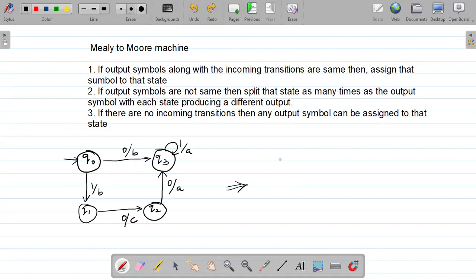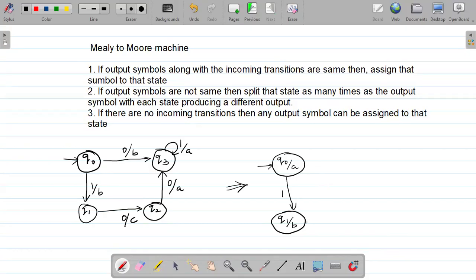So rule number 3, we'll start with that. Q0 has no incoming transition, so we'll give output A as we convert it into a Moore machine. Then we have Q1. There is a transition from Q0 to Q1, and the output we get is B. There is only one incoming transition for Q1, so I'll move that output directly to the state, B, and on getting 1 as input, we get B as the output.